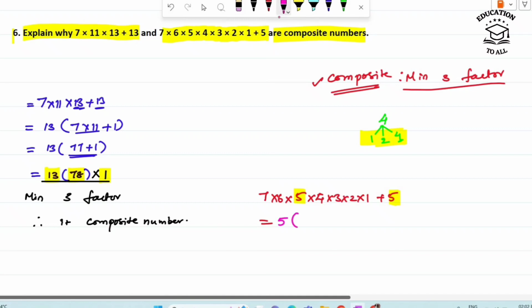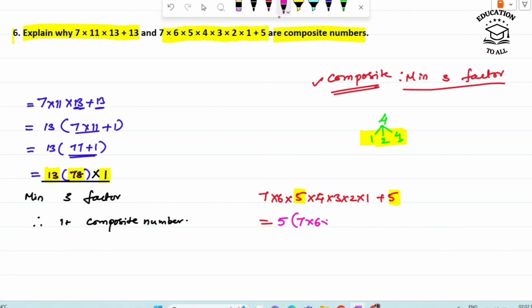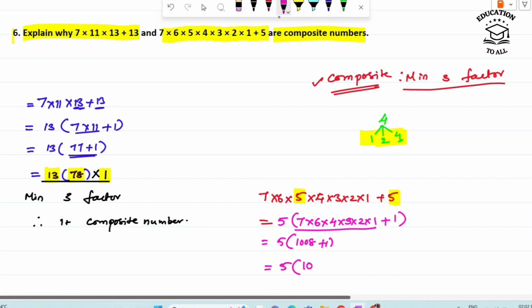What is pending? 7 into 6 into 4 into 3 into 2 into 1 plus 1. Multiply all these numbers, you get 1008 plus 1, then it becomes 5 into 1009.